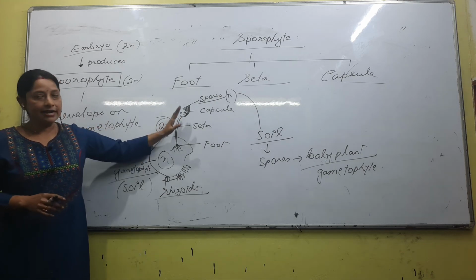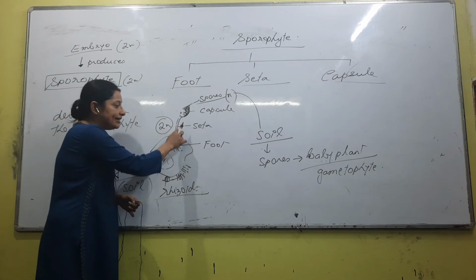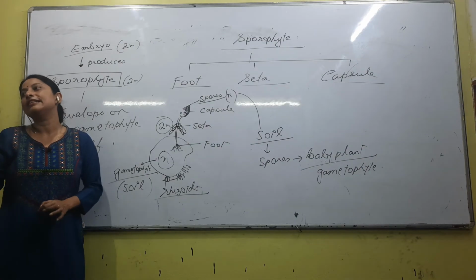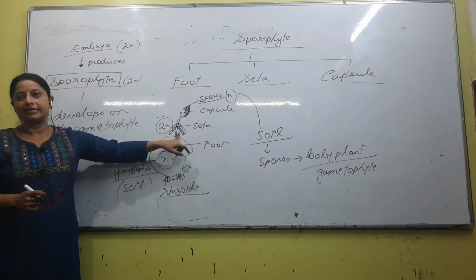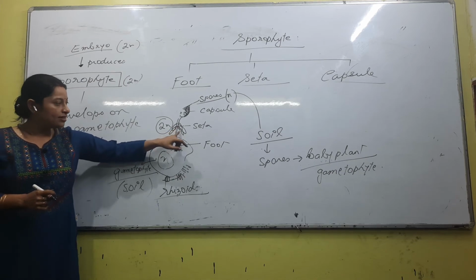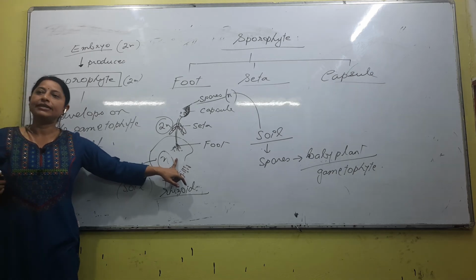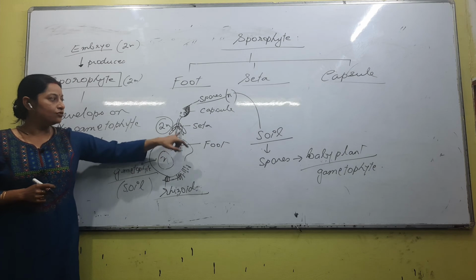In case of higher bryophytes, especially in case of moss, what we see is that in the sporophyte, some leaf-like structures are seen. Whenever it has leaf-like structures, obviously it will be green, it will produce its own food. So if it produces its own food, they are not dependent on the gametophyte for food, but they are dependent on the gametophyte for water. Because they don't have roots, no?